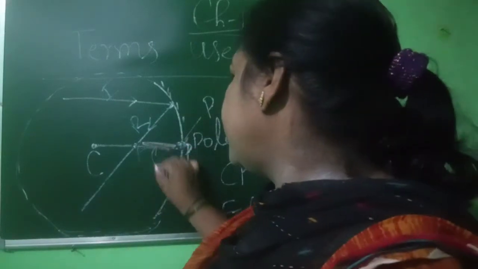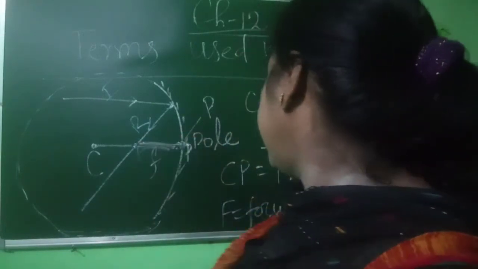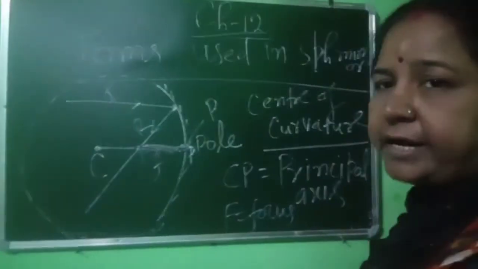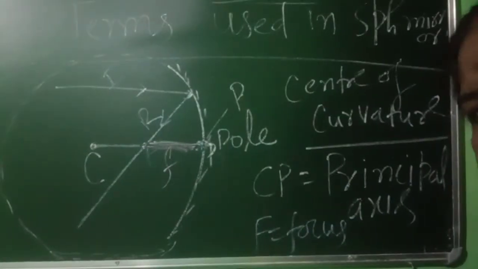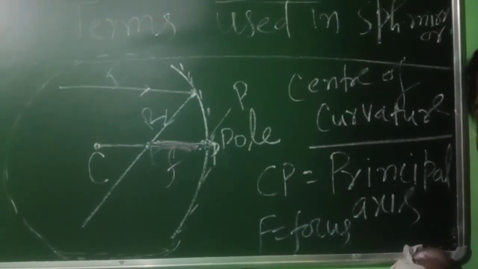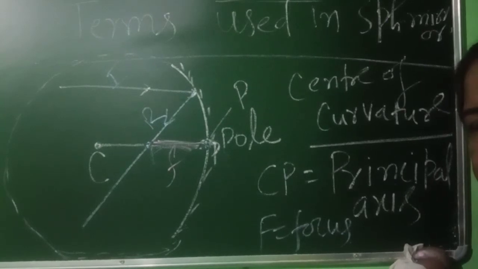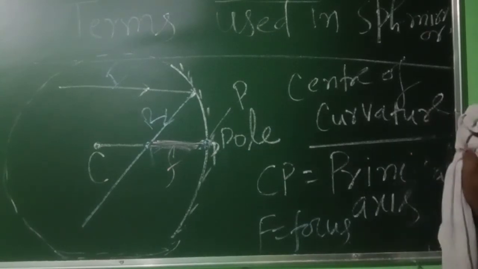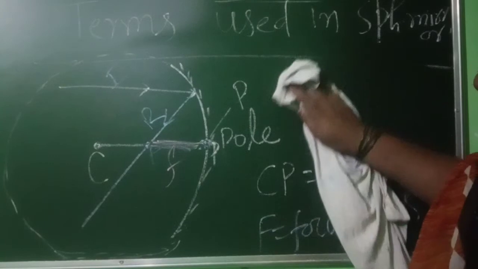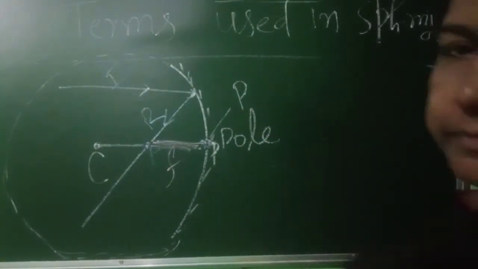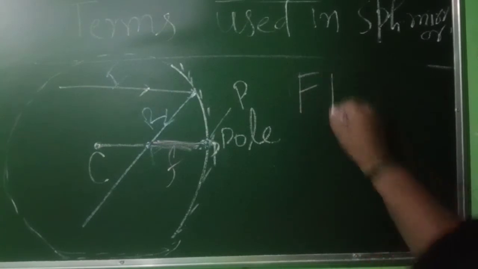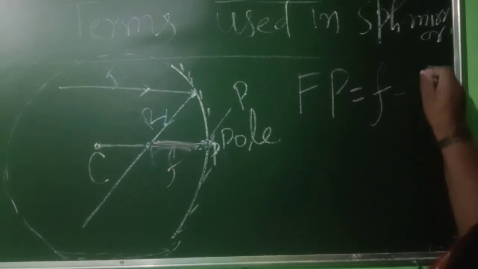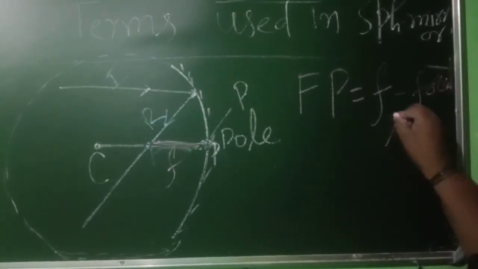Understand? This is denoted by FP. Now FP is denoted by a small f, that is the focal length.